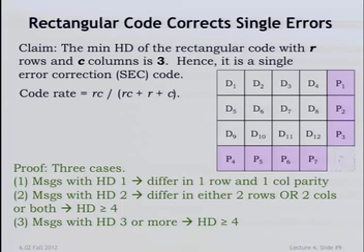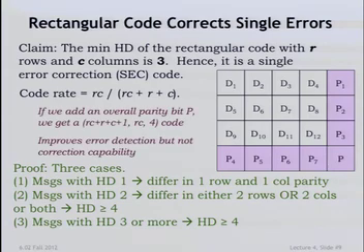Okay, so here's a little modification to the code which actually puts in an overall parity bit, P here. So this is the sum of all the entries in every other position. Okay?